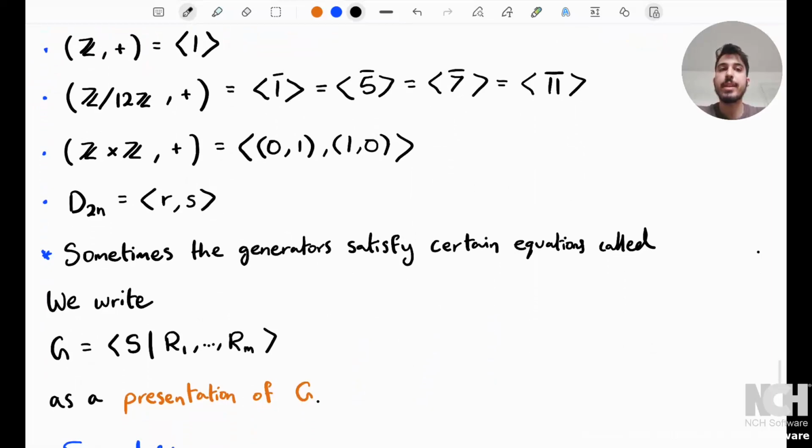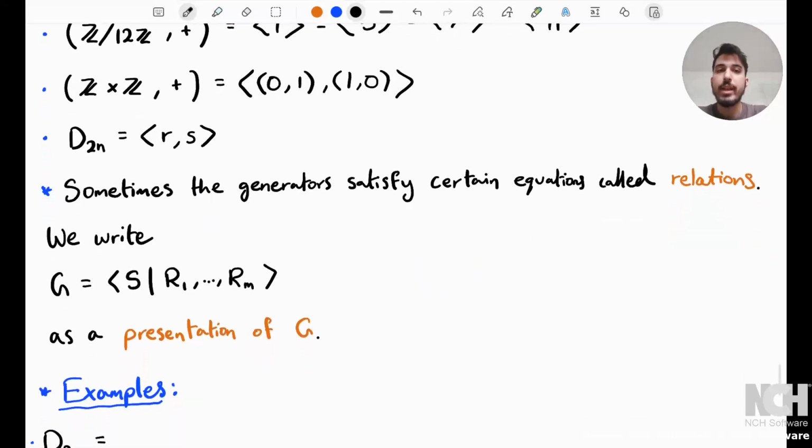Sometimes the generators satisfy certain equations. We call them relations. So these relations are certain equations that the generators have, certain dependencies that occur between the generators. So we write a presentation of G in this format.